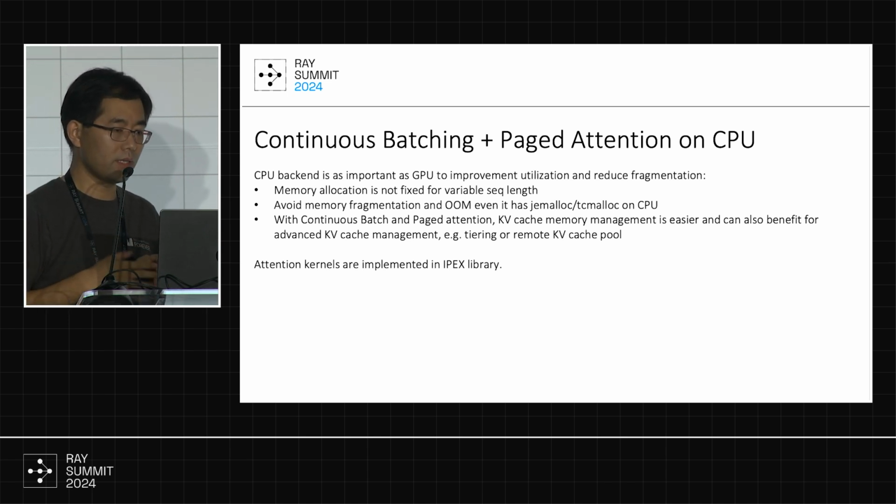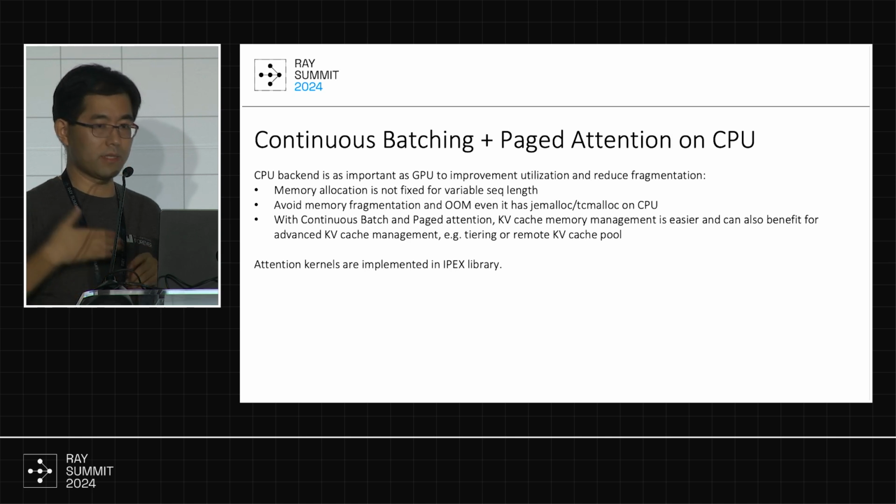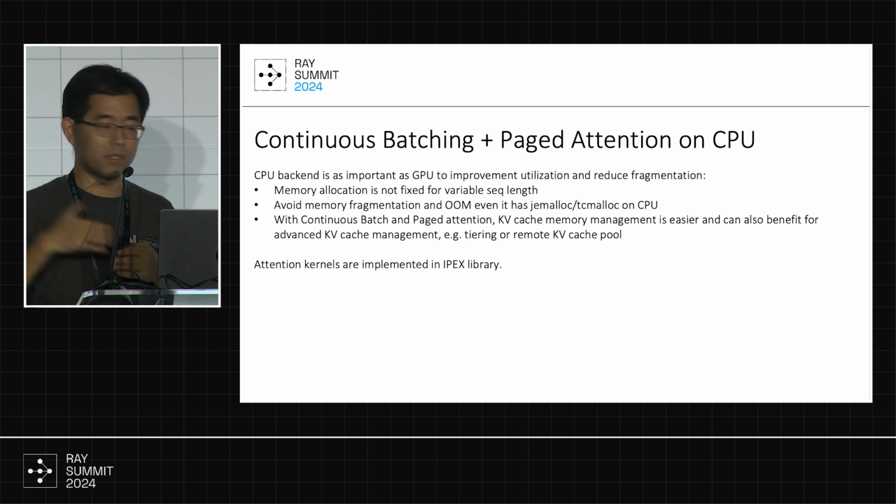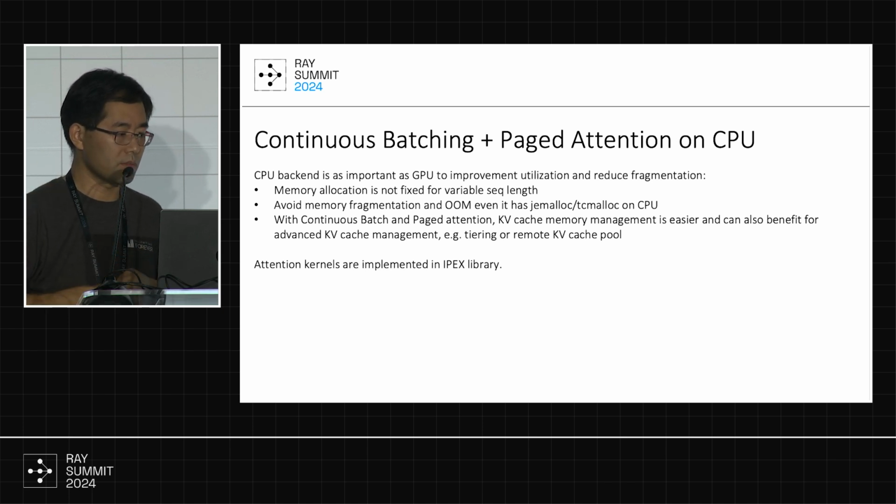I would argue this is also very important for CPU platforms. Even though on a CPU platform you have much larger DDR capacity, you need to deal with variable input length and output length, so the memory allocation cannot be a fixed one. You need to have a smart design.